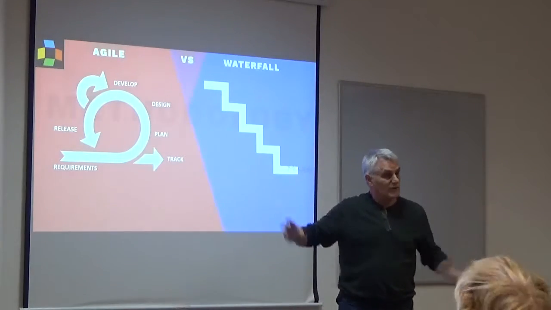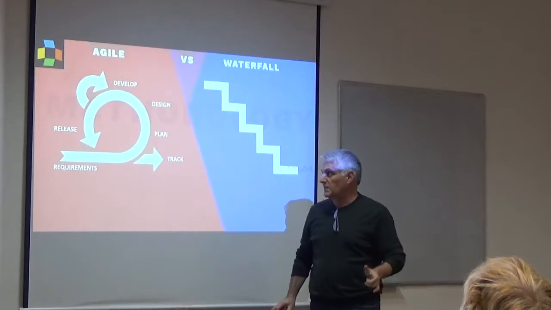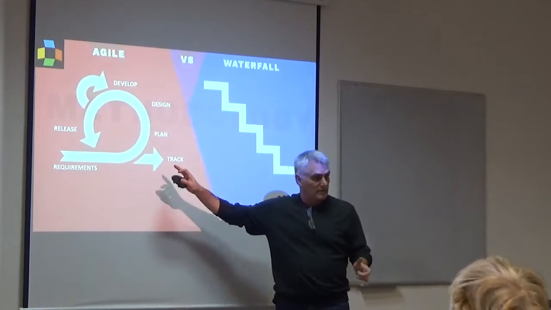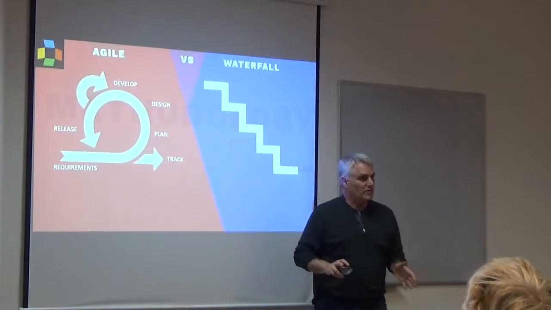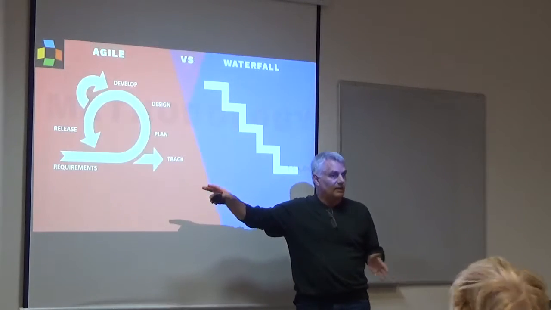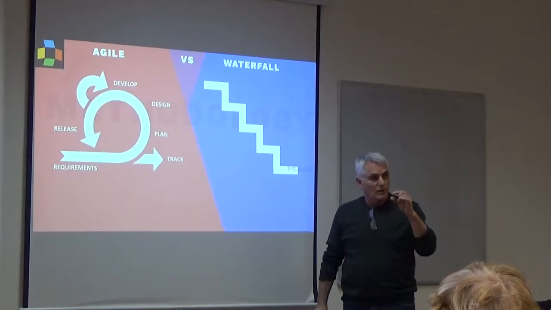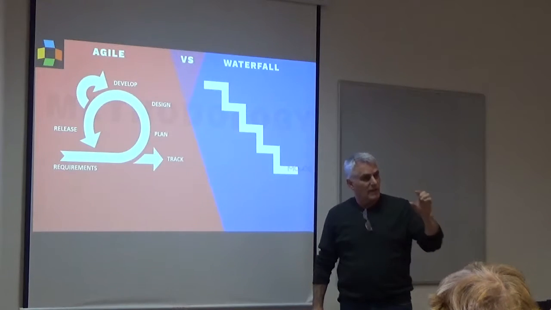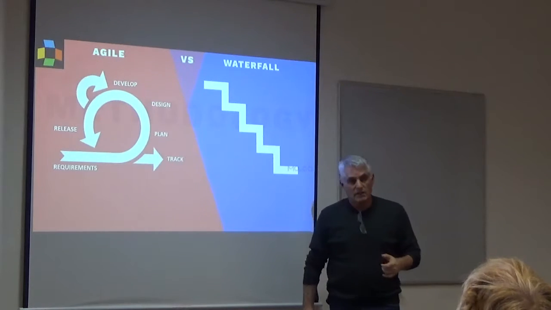It's not the final product. You release some version to the market, to your customers, so you can get feedback. And then you track that. So that's the method of Agile, which is very, very different because this will repeat in many cycles until you actually have a product that satisfies a customer. So you do it in small chunks, and you have the ability to tweak and change as you go through.